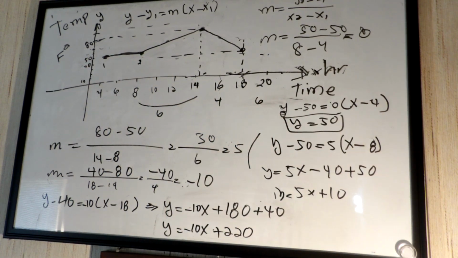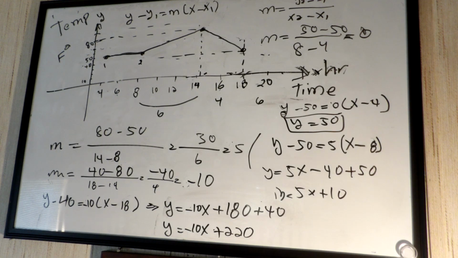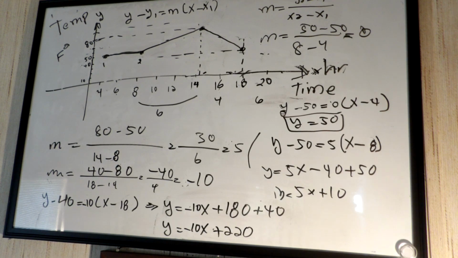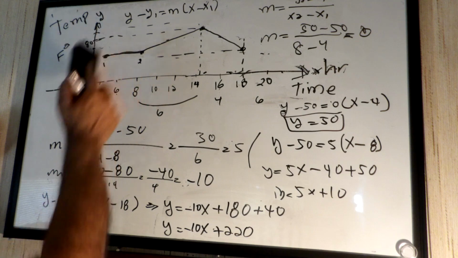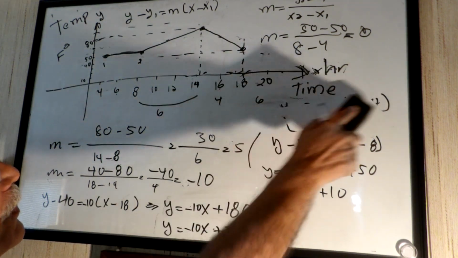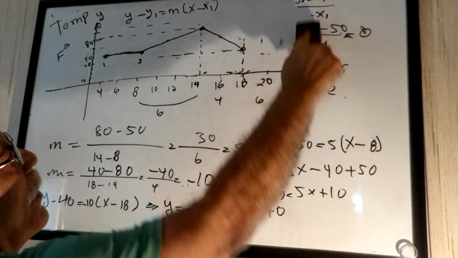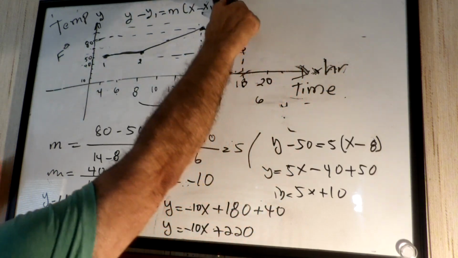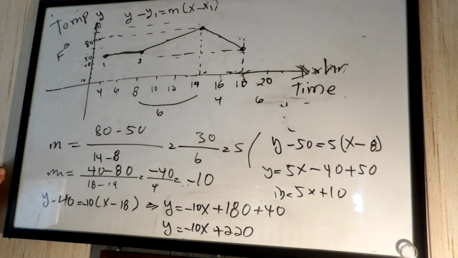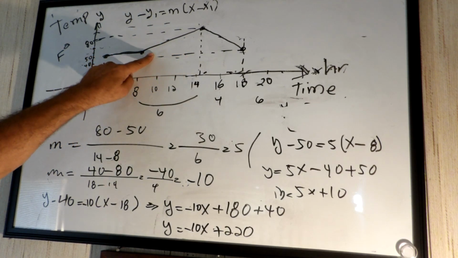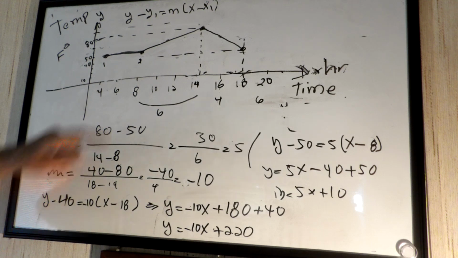So we find that the equation of this line is y equals 50. Now we are going to find the equation of the other lines. The slope here was 0.